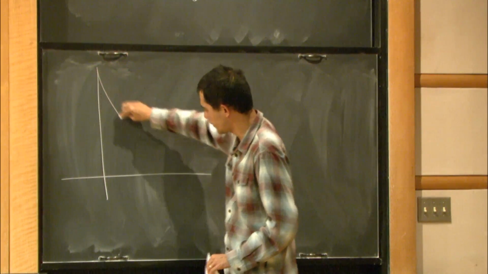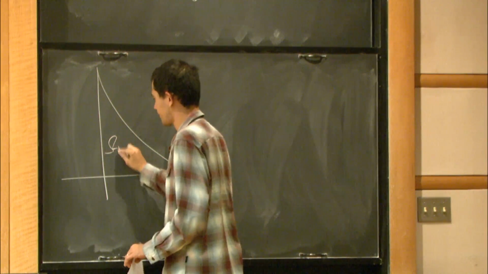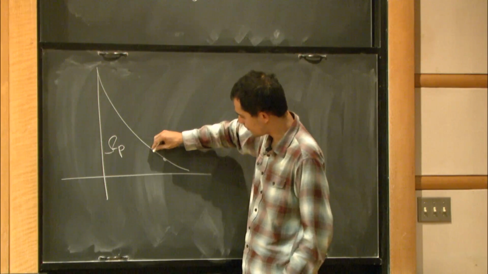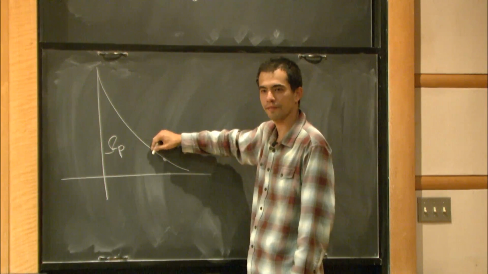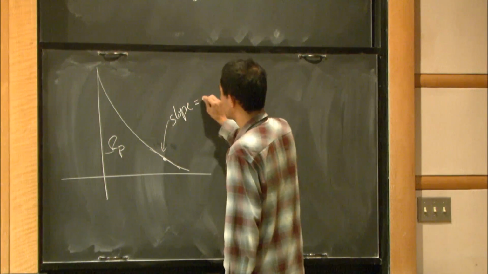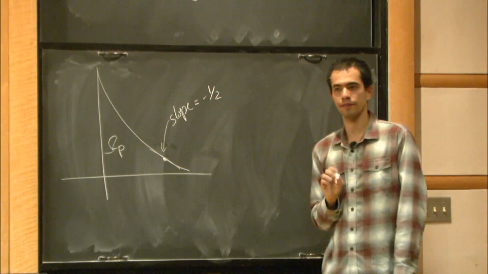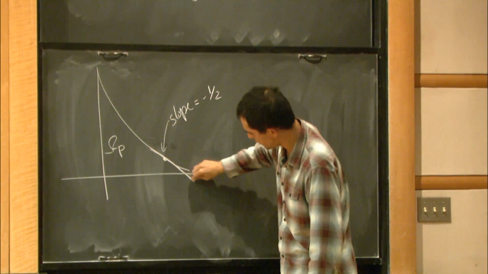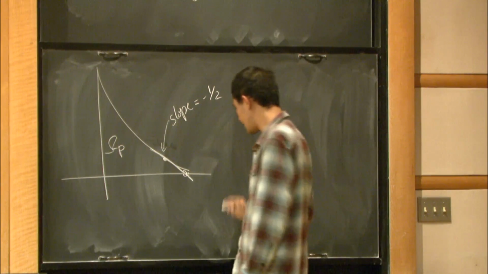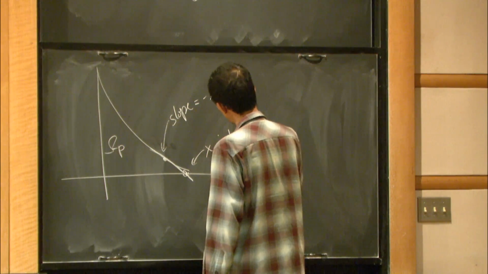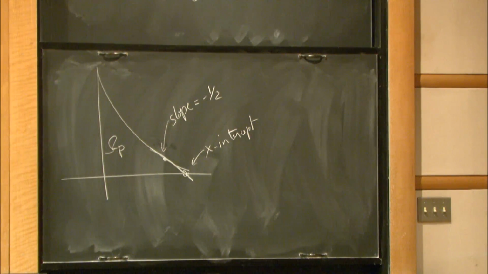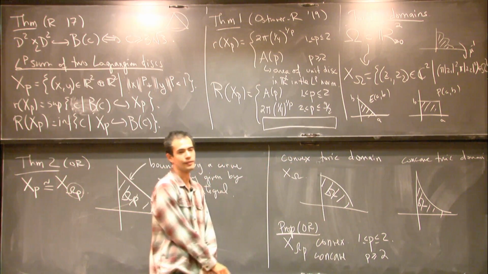So look at Omega_p, and consider the point here where the slope is -1/2. This is the place where the tangent line has slope -1/2, and see what the x-intercept of it is. So this x-intercept is the value of the smallest ball that this embeds into.